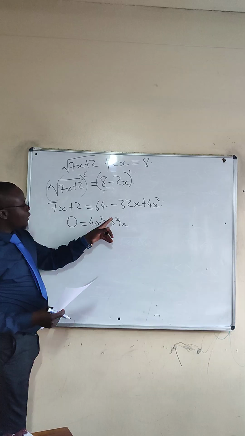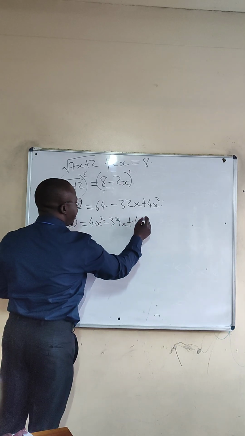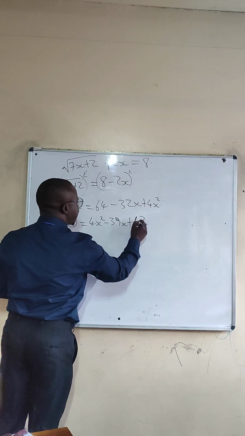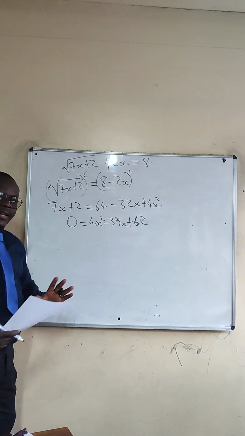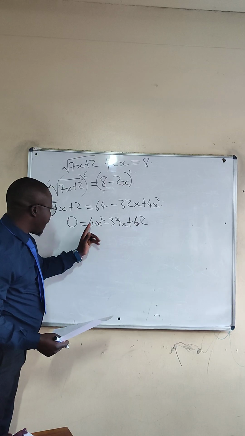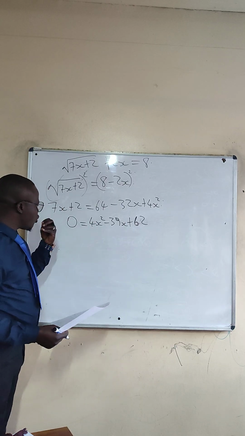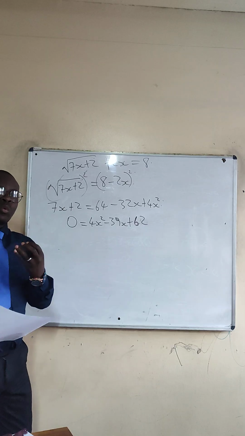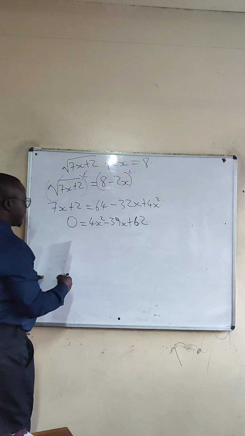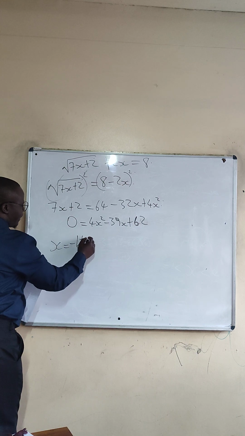And 2 goes to the other side to be subtracted from 64, so we have plus 62. So we now have a standard quadratic equation in terms of x, with our a, our b, our c. Without wasting time, we go straight to use the quadratic formula. We are going to have x being equal to negative b plus or minus.